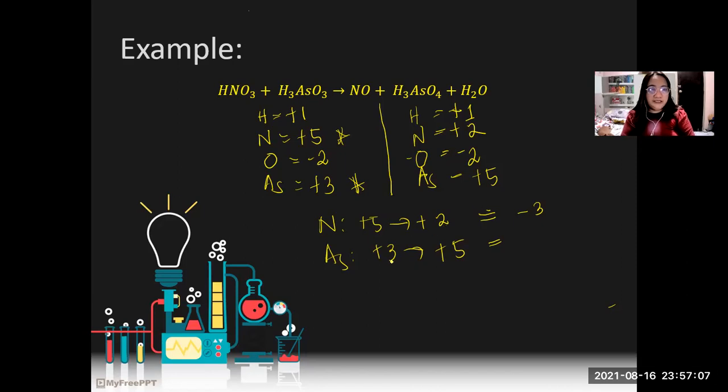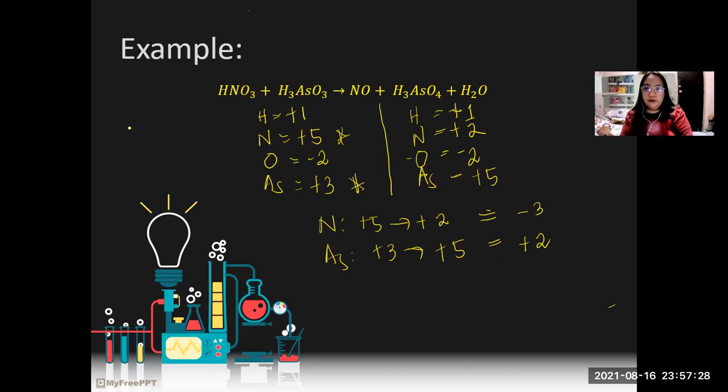But on arsenic's side, that's a positive 3 to positive 5, meaning there's an increase in the positive, or it lost electrons, okay? Because what happened to the element, it became more positive.